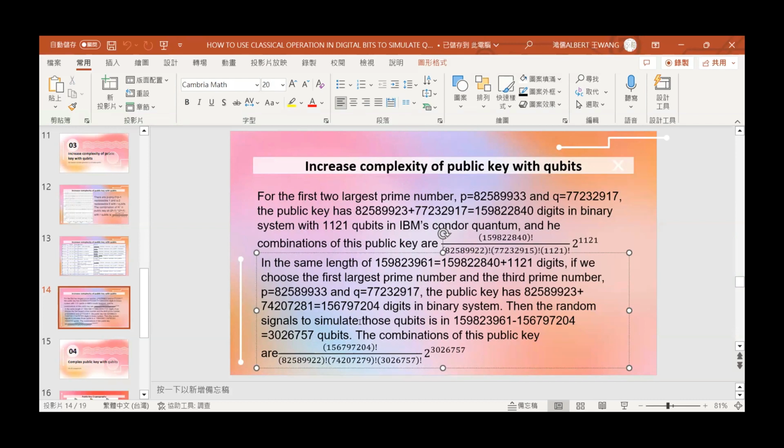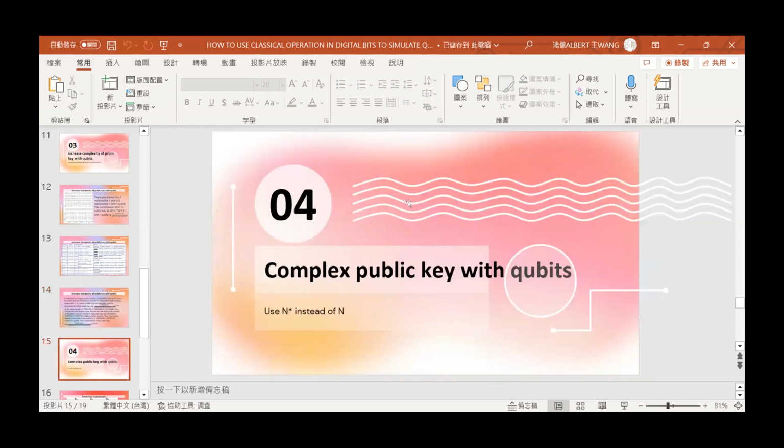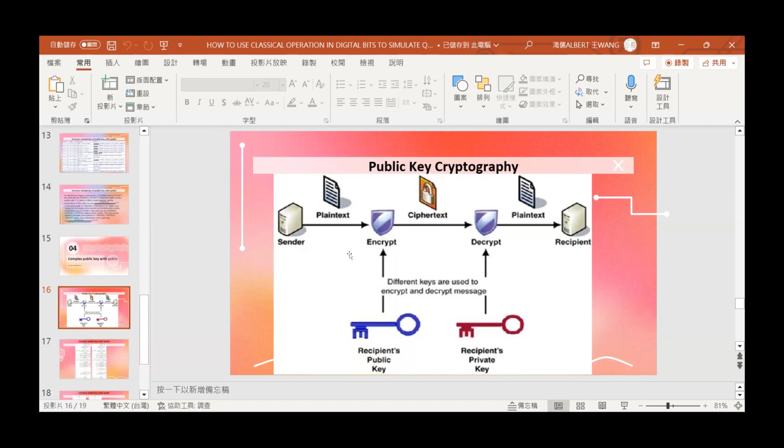We use random numbers to simulate 0 and 1, and we eliminate the p number, letting the evaluated quantum-based random number generation be put into the RAM and replace the original n in the system. So we can complicate our public key n into n star, the new one, and we get the new system information. For the public key, we can get the public key and the private key.